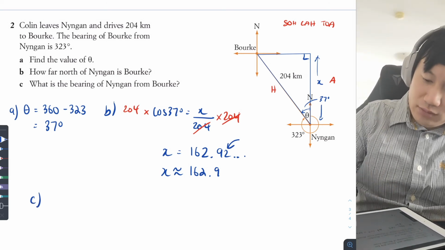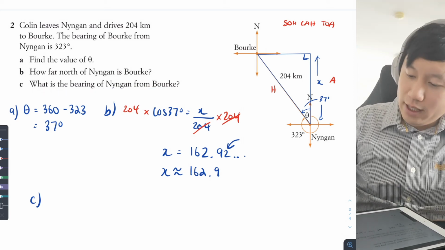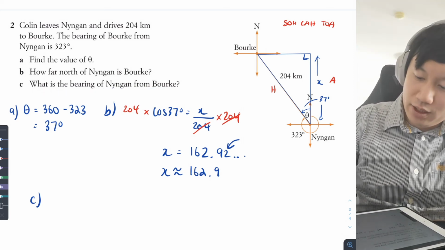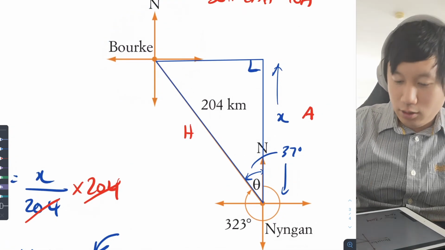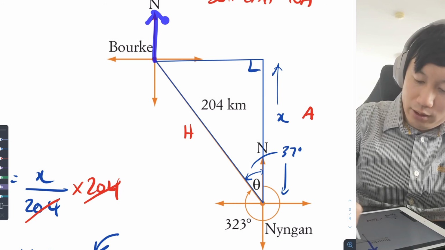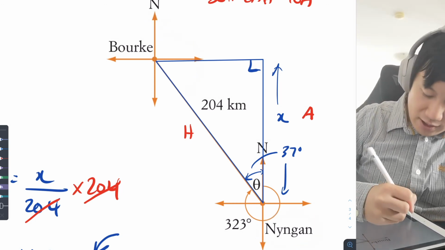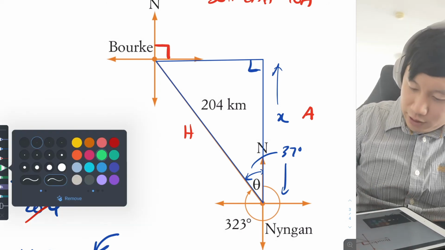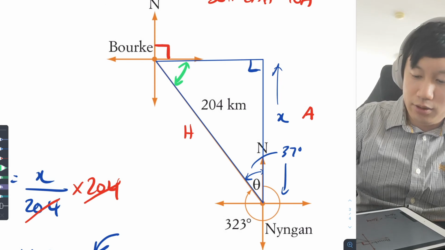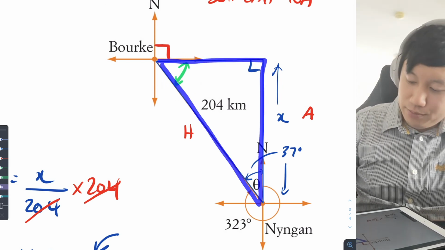Our last question is, what is the bearing of Ningen from Burke? Well, the thing is, from Burke, which is right here, if I was to travel in a clockwise direction, starting with me pointing north towards Ningen here, I need to find the sum of this angle here, as well as this green angle here. That green angle we can find by looking at that triangle right there.